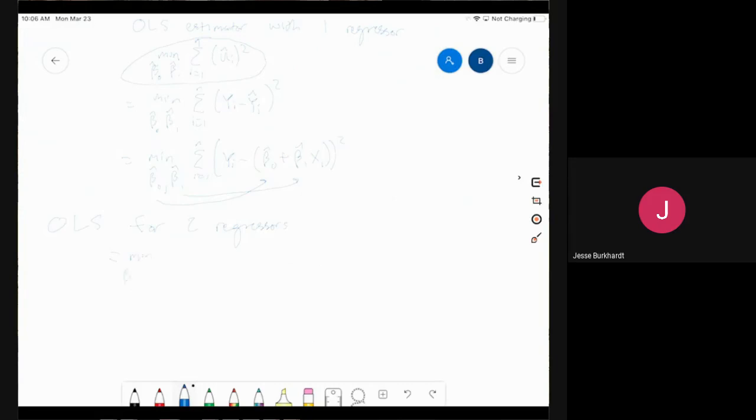We're actually going to minimize now over beta hat 0, beta hat 1, and beta hat 2. But we're going to minimize the same thing, i equals 1 to n, all of our observations. Apologize for the sloppiness here, I'm trying to write this as neatly as possible.